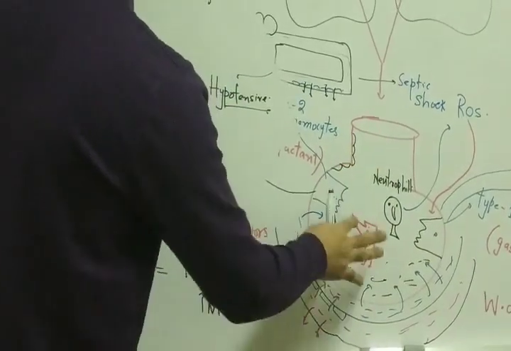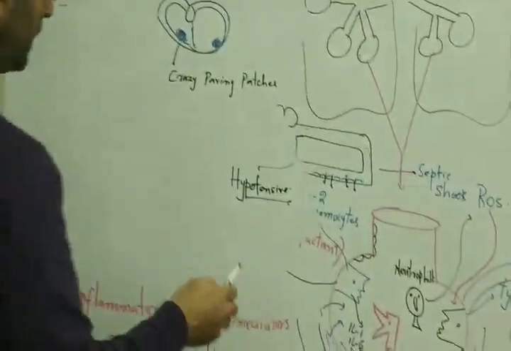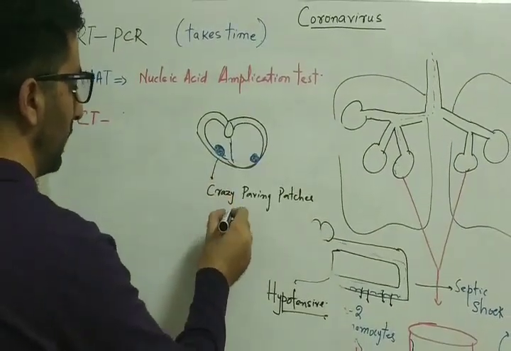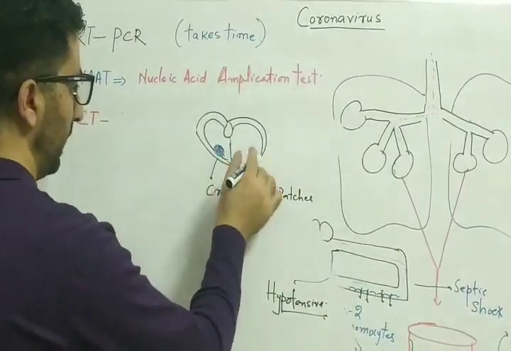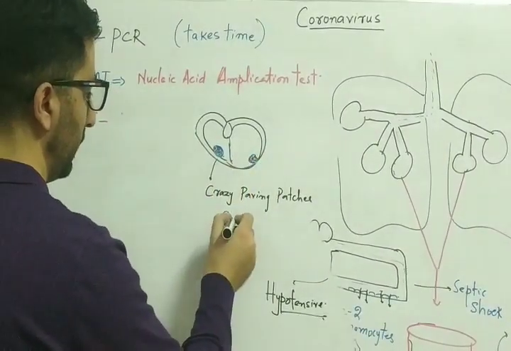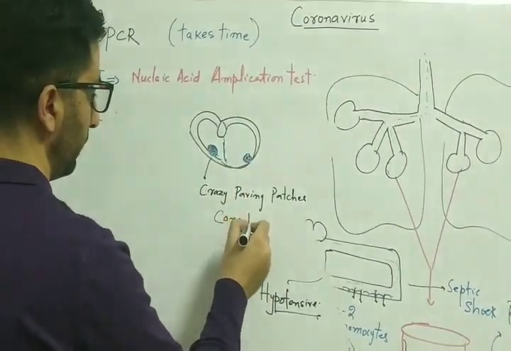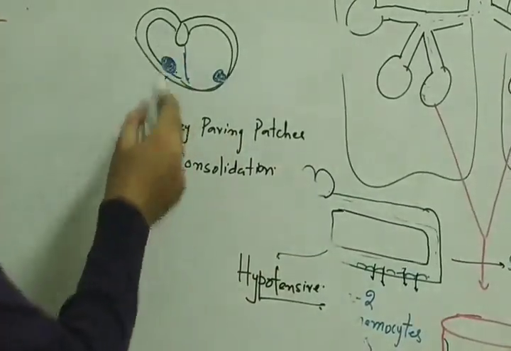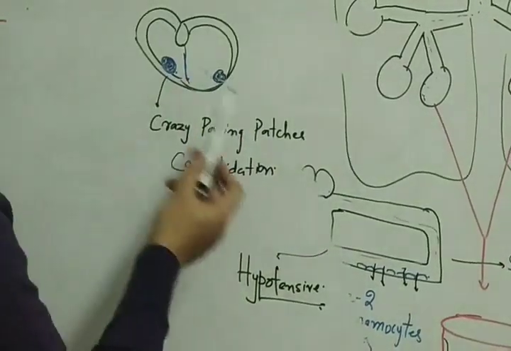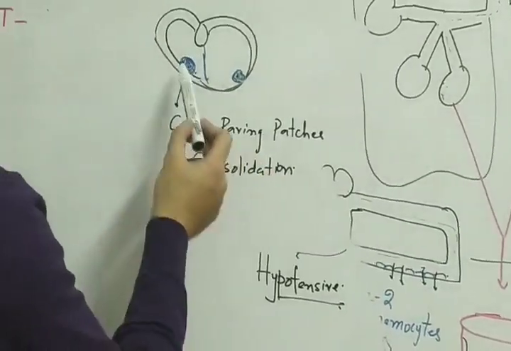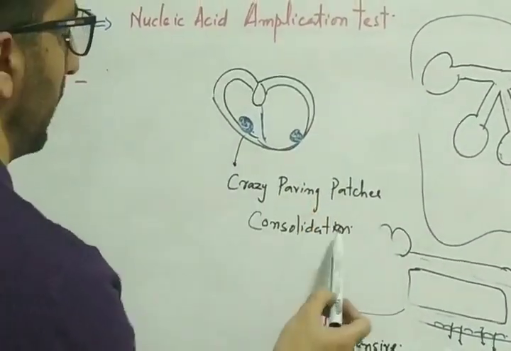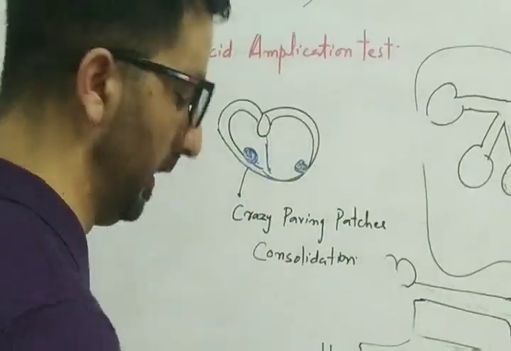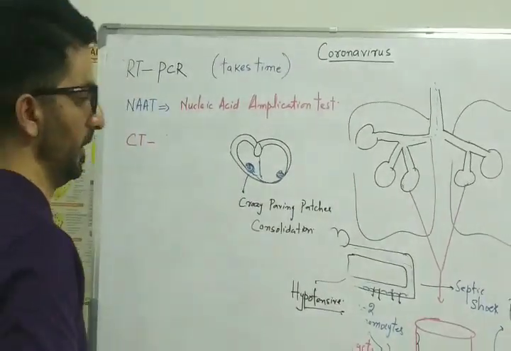It is very dark in color and shows consolidation. When these two things are detected from the CT scan, the crazy paving pattern and consolidation, we can say that this is a coronavirus positive case, or a coronavirus patient.